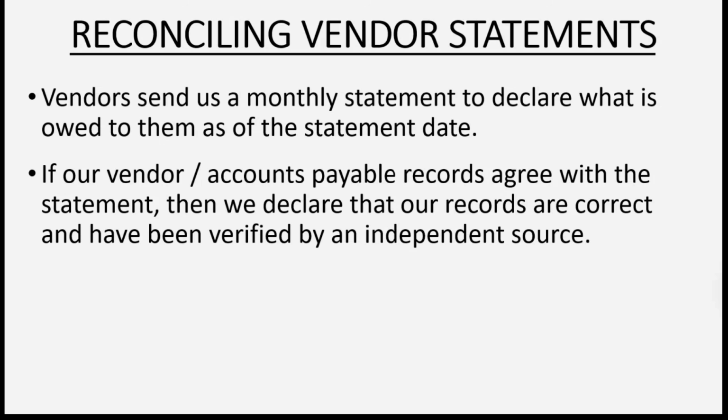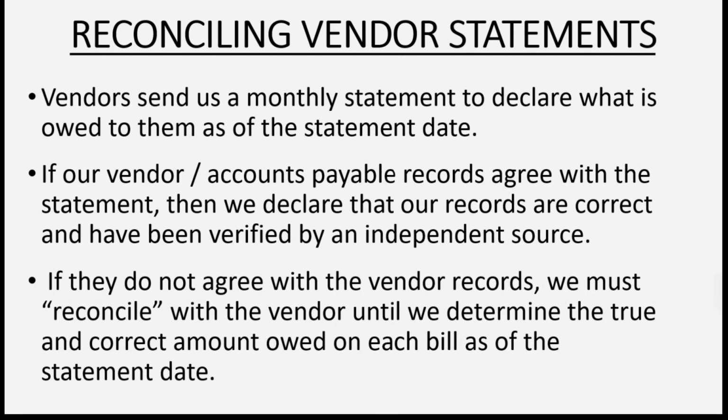And in this case, the independent source is the vendor. If they do not, however, agree with the vendor records, we must then reconcile with our vendor until we determine the true and correct amount owed on each bill as of the statement date.